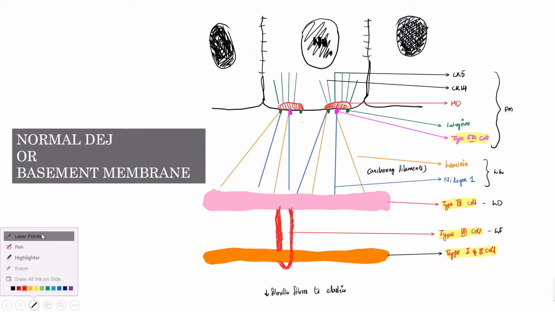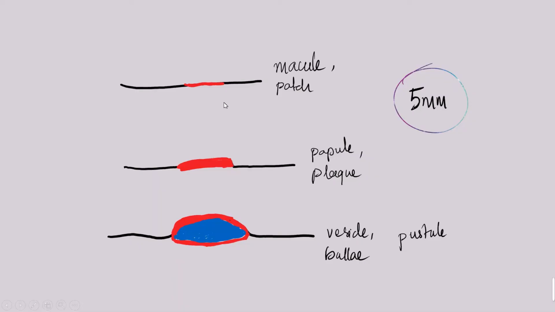Now, sites include trunk, extremities, intertriginous areas, between the fingers, and oral mucosa. So this is how the bullae and plaques appear in the clinical photograph. So coming to what is what in the skin lesion.